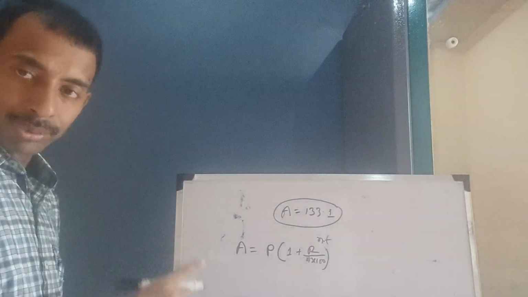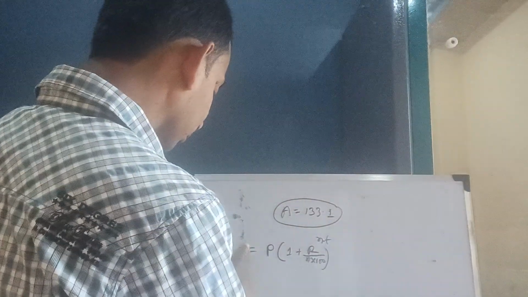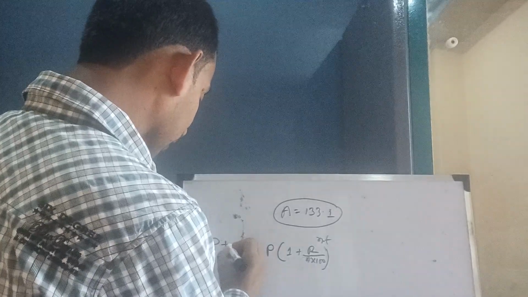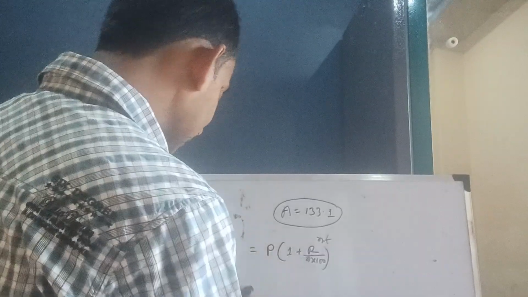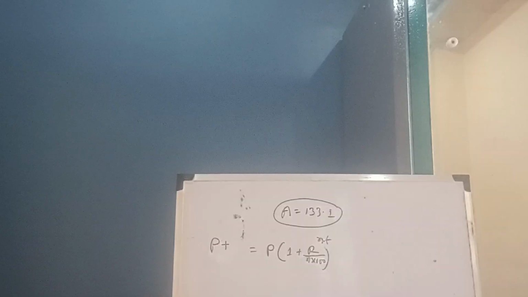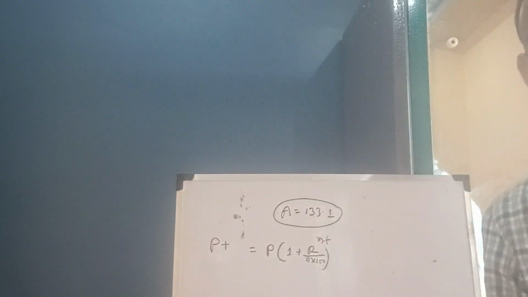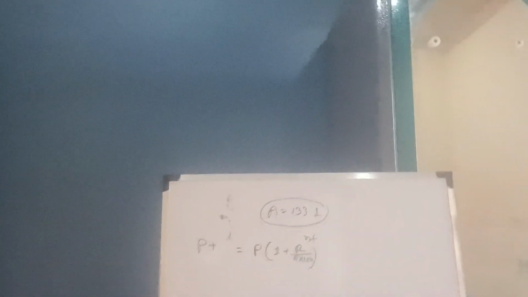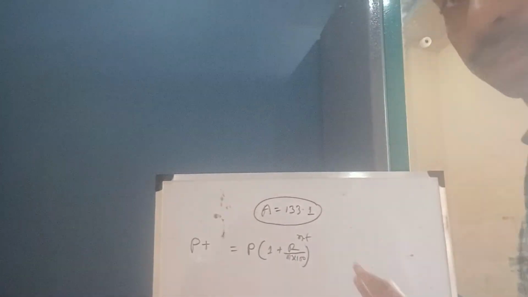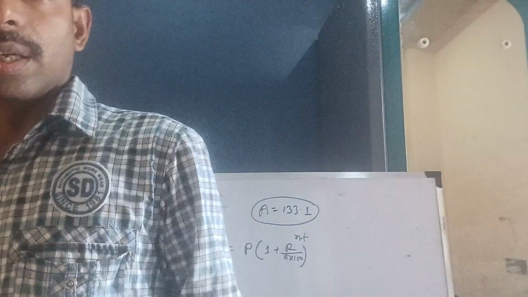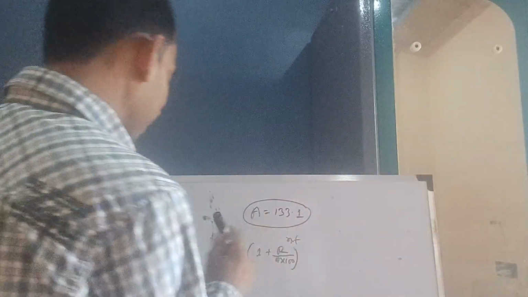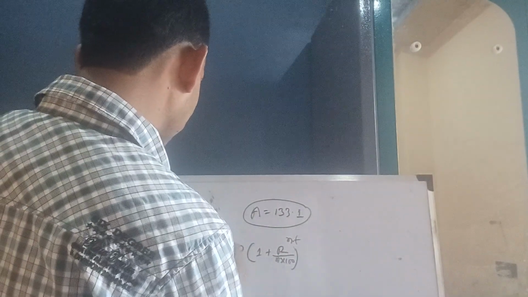So accumulated amount, or total return, means principal plus interest. I hope up to this you have a clear idea. Accumulated amount is principal plus interest. What type of interest? Compound interest, CI.